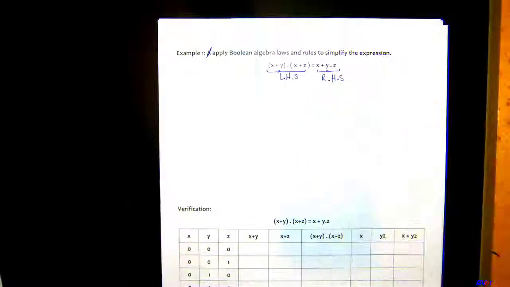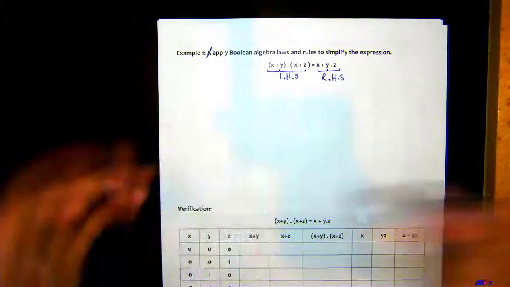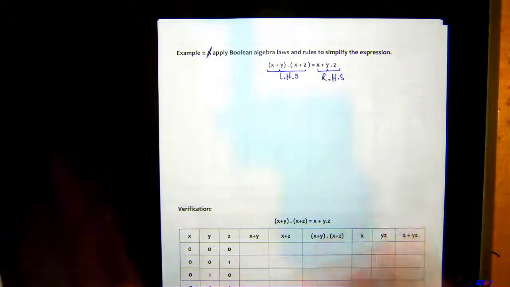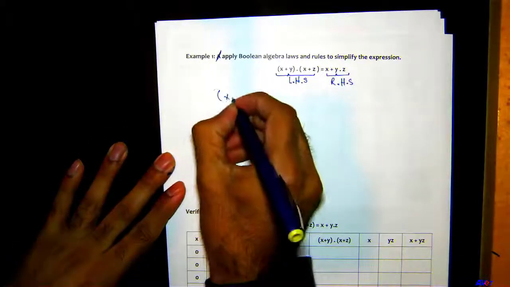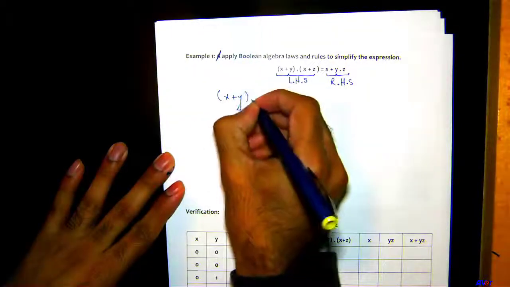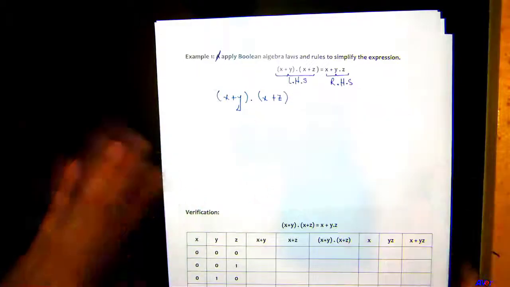You guys can hear me at the back, right? Okay. I'm going to treat the left hand side, and hopefully I can make it equivalent to the right hand side. How can I get started here? Let me rewrite the left hand side here. X plus y dot x plus z.